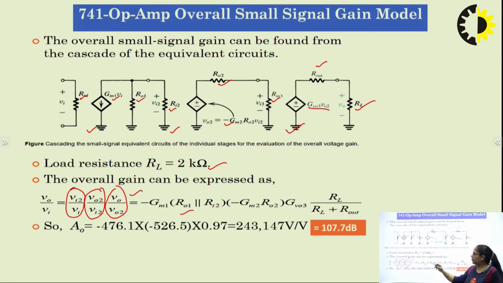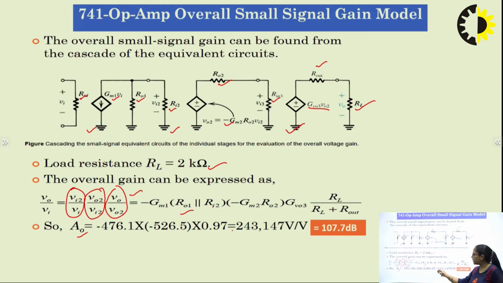Okay. So, on putting the value of each parameter in this expression, we will get the overall open loop gain of op-amp as 243147 volt by volt, because this is the voltage gain. In the numerator we have the voltage term, in the denominator also we have the voltage term, so basically it is unitless.